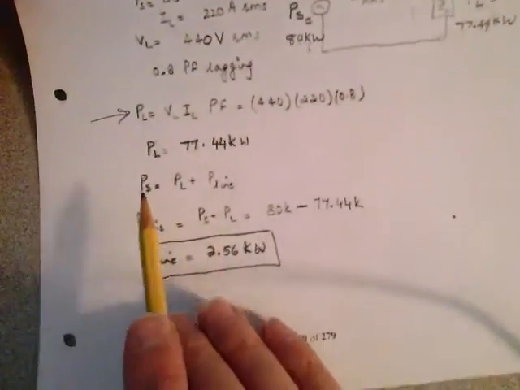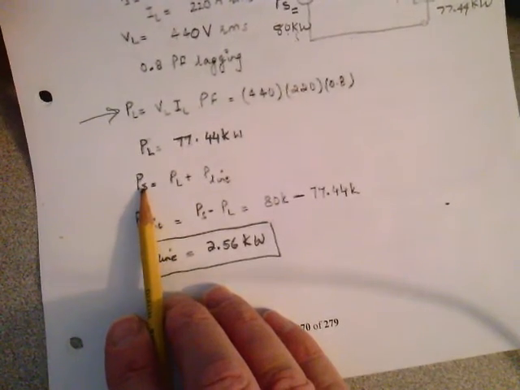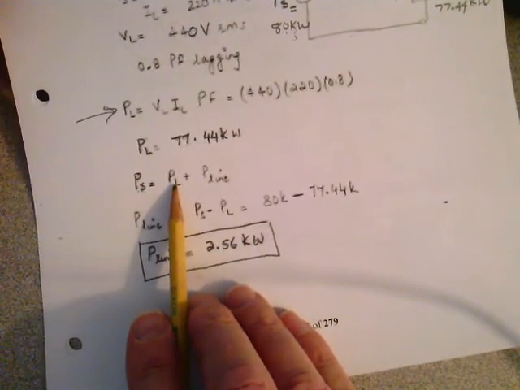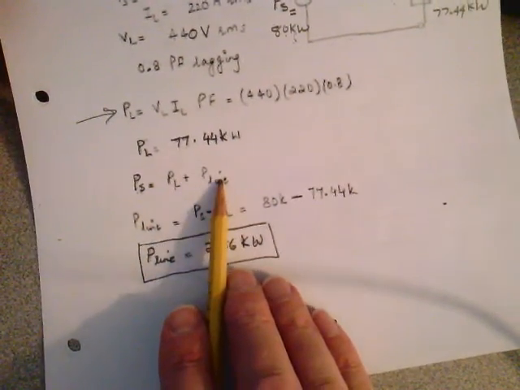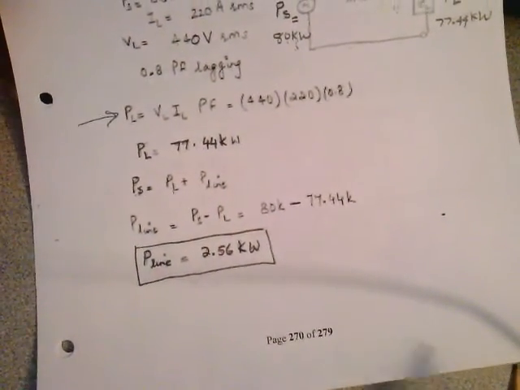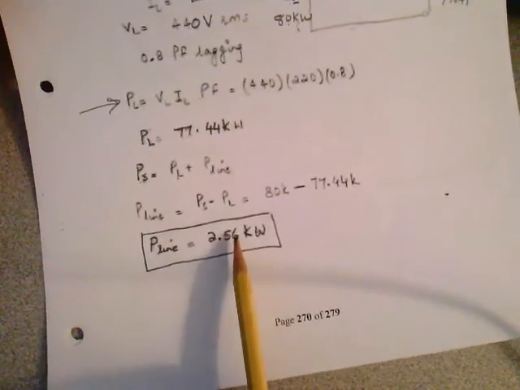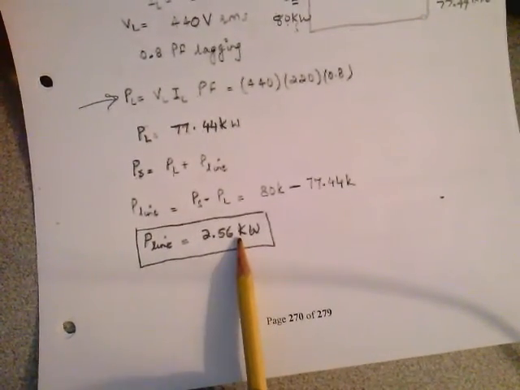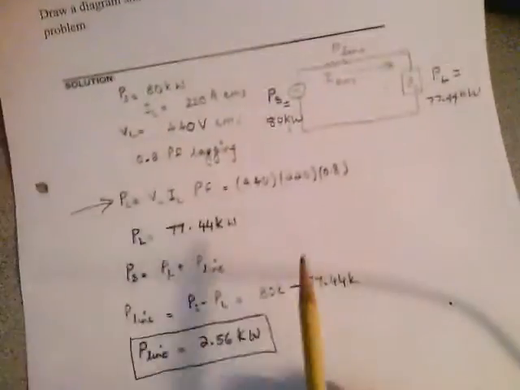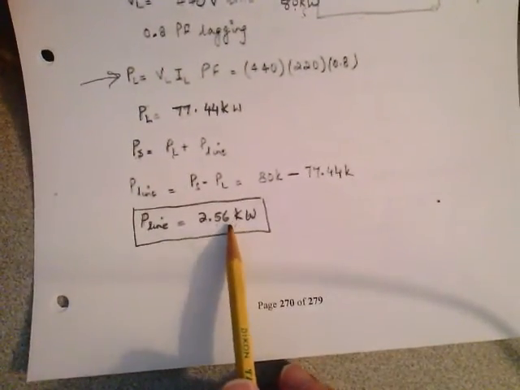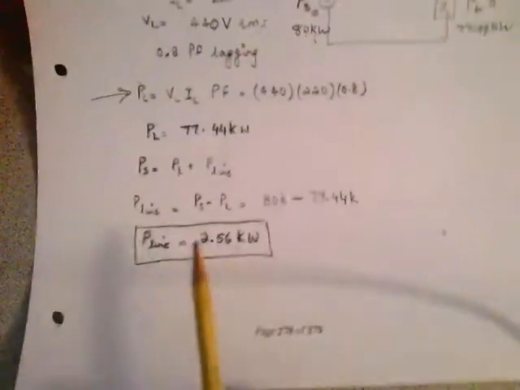I would have realized that the power supplied by West Penn Power has to equal the power that the customer uses plus the power that's lost in the line. And when I subtract those two, that would give me the power that is lost in that distributed line resistance up here, which turns out to be 2.56 kilowatts, which is what they want for an answer.